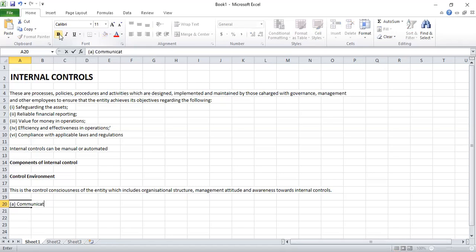Communication and enforcement of integrity and ethical values. I think we talked about the ethical principles. So we're saying management should have honesty and truthfulness, and they should have proper ethics.